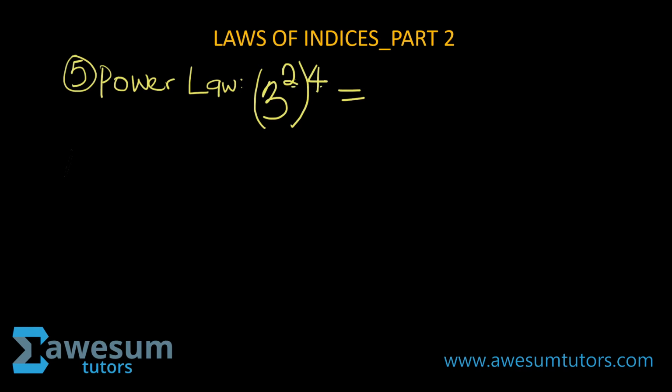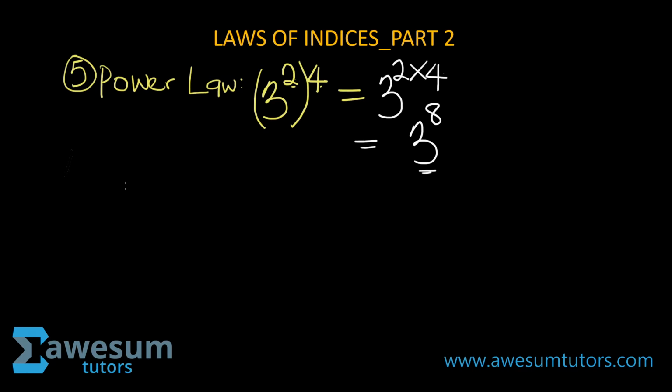So it's going to become 3 raised to the power of 2 times 4, which is 8. That means my final answer is 3 raised to the power of 8.